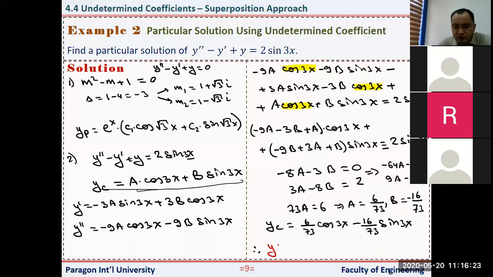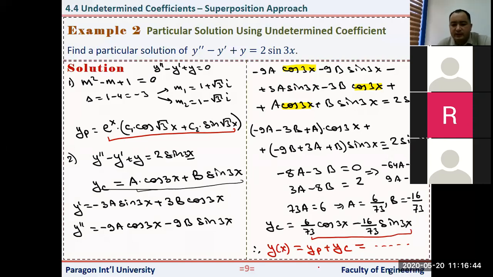Then the general solution of the given differential equation will be particular solution plus complementary solution. And that's equal to, what is the particular solution? It is this, right? Plus the complementary solution, it is this. We don't have enough space, so it will be the sum of this particular and complementary solution.